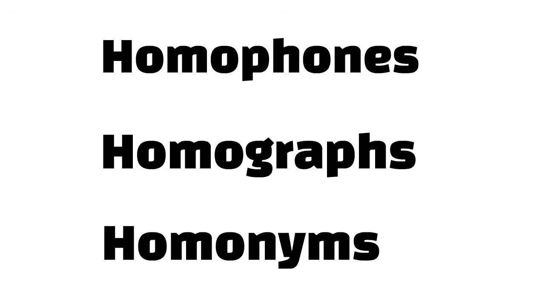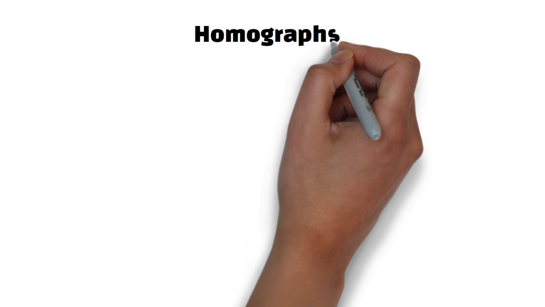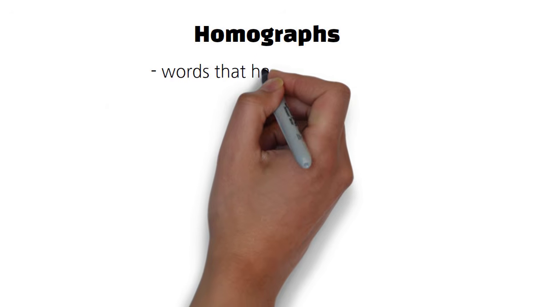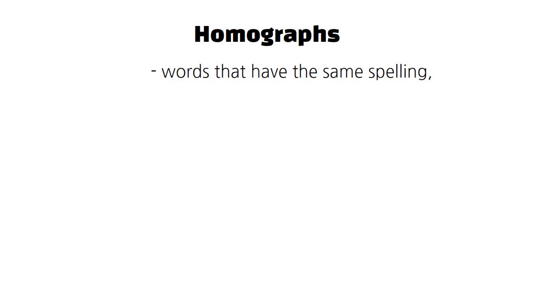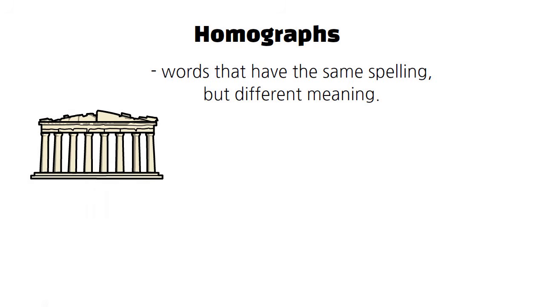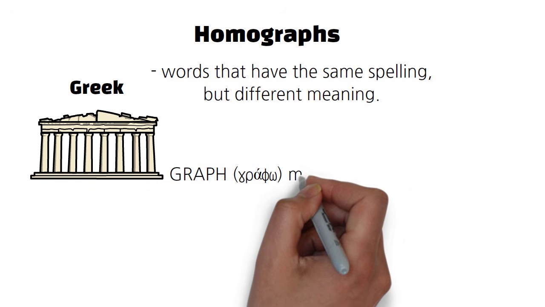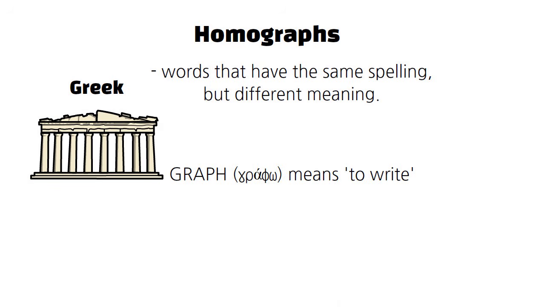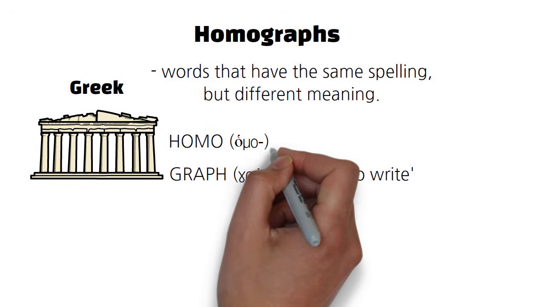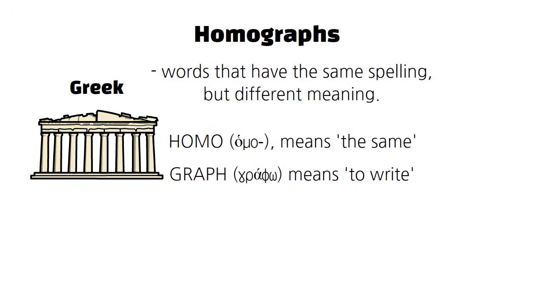Okay, let's now move on to the homographs. Homographs are words that have the same spelling but different meaning. This word also comes from Greek, where graph means to write, and we already know that homo means the same.